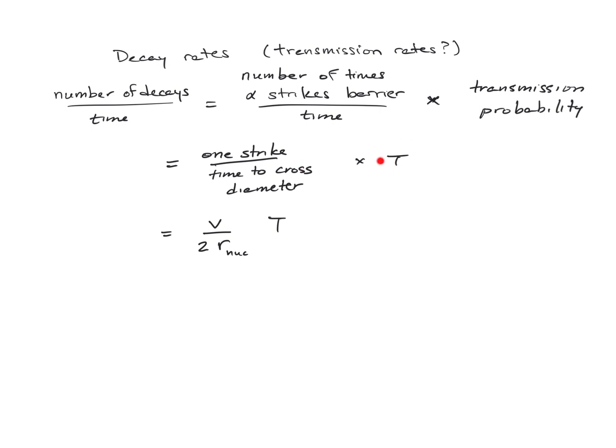And we have our transmission probability given by that function T that we solved before. So how fast is that alpha particle freely moving around the nucleus? And how long does it take to cross that diameter? Right, so that is a rate, that is a distance, and we'll multiply that by our transmission probability. And that'll give us the decay rate, or the number of decays per time.